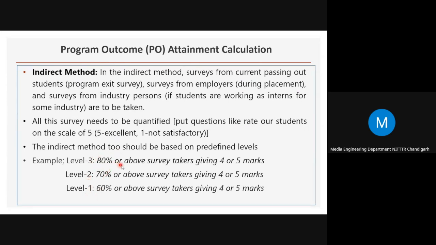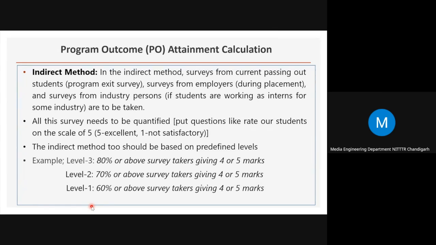If 80% or above survey takers are giving 4 or 5 marks, then it can be considered as level 3. So this is the scheme for converting survey responses into different levels. We calculate what percentage of the survey takers are giving responses as 4 or 5.